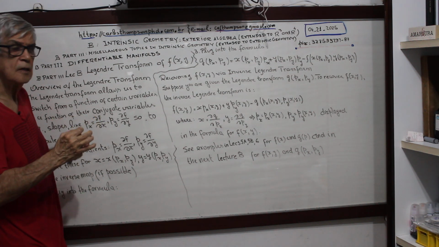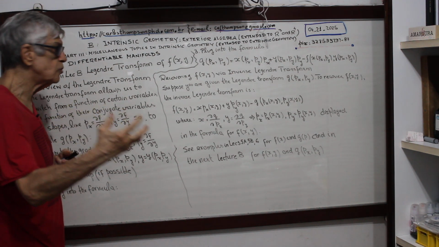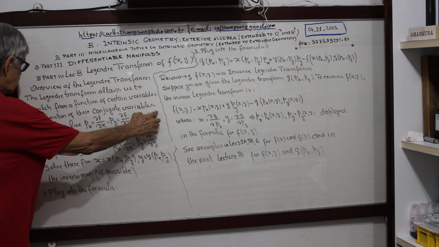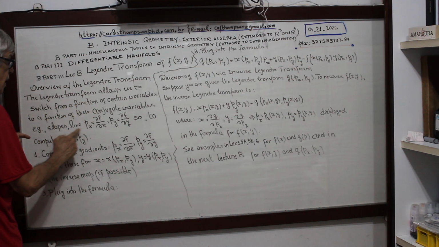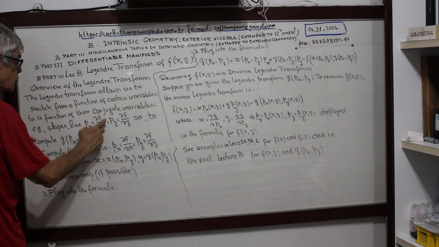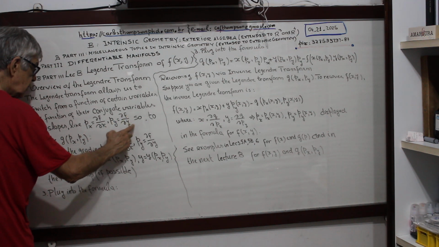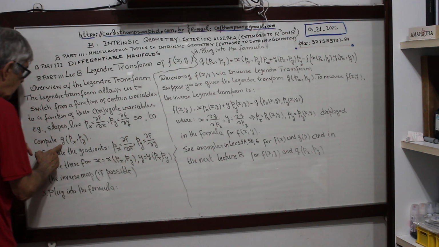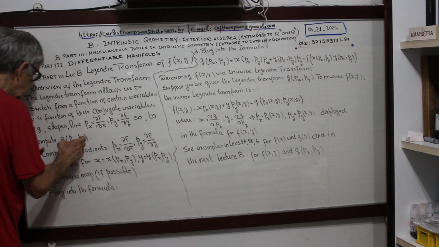F of x has its conjugate, which is g of p, the Lagrange transform. The conjugate variables in this case are the slopes, like p of x, partial derivative of f with respect to x, and partial derivative of f with respect to y. So, in this case, to compute the g function of these new variables, px and py.